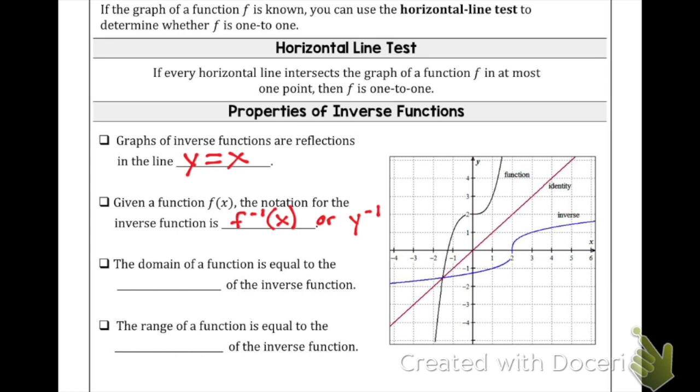The domain of a function will be equal to the range of the inverse function, and the range of the function is going to be equal to the domain of the inverse, because remember, with inverses, you're just flipping the x and the y, so they would be inverses of each other. So if you look over here on this graph, on our original function, we had an ordered pair, this one looks kind of nice at (1, 3). So if I flip my x and my y's, that means (3, 1) should lie on the inverse, which it does.